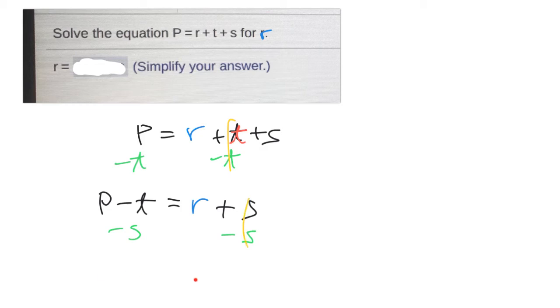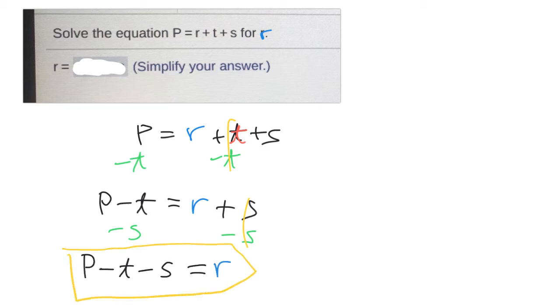Now, let's focus on the next line. On the left, S, T, and P, none of them are like terms. So guess what? We are stuck with P minus T minus S, and that equals R, because you cannot combine P, T, or S. So this is what we're stuck with right there, and that is the answer.